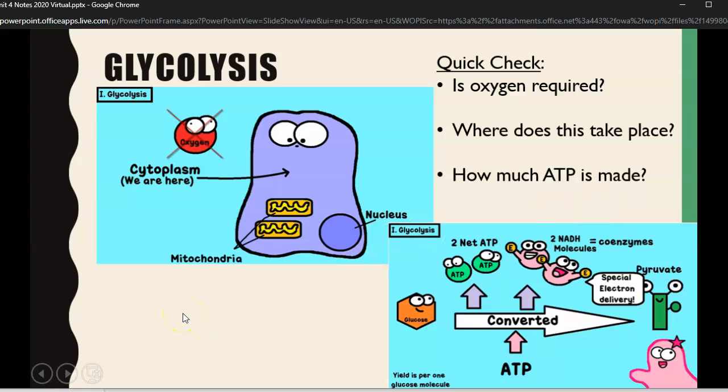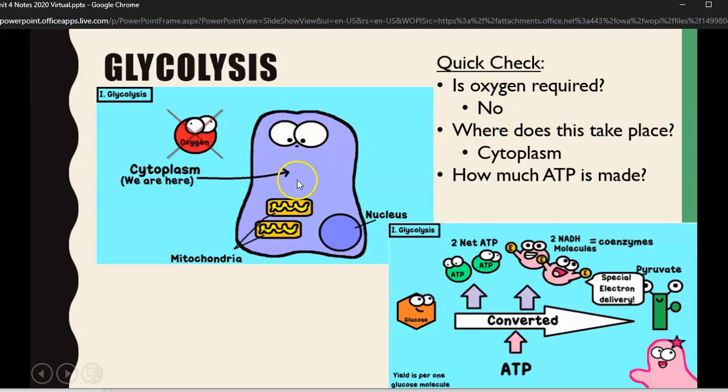So a quick check about glycolysis. Is oxygen required for glycolysis? The answer is no. You do not need oxygen for glycolysis to start. But remember, you do need 2 ATP, so a little bit of energy to get that started. Where does this take place? Remember, this is taking place in the cytoplasm.